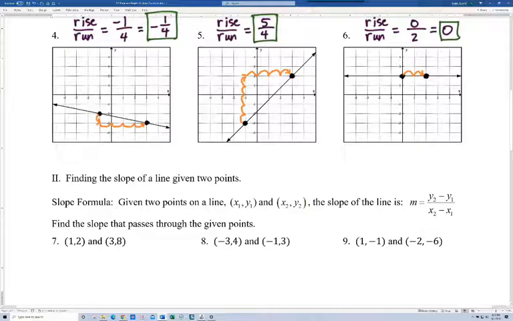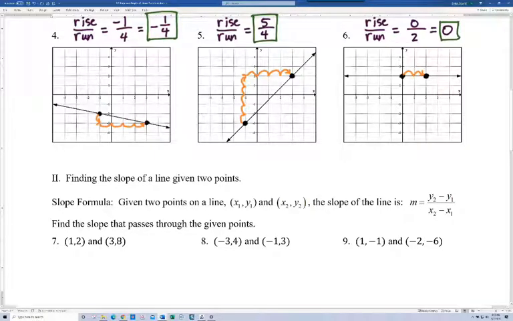So Roman numeral 2, now we're going to talk about finding the slope of a line given 2 points. Notice now we don't have the graph. So first of all, when we're talking about slope, you should be able to look at a line that's been graphed and determine what the slope is visually using rise over run. And so now we're going to talk about when you don't have a graph and you just have the 2 ordered pairs.